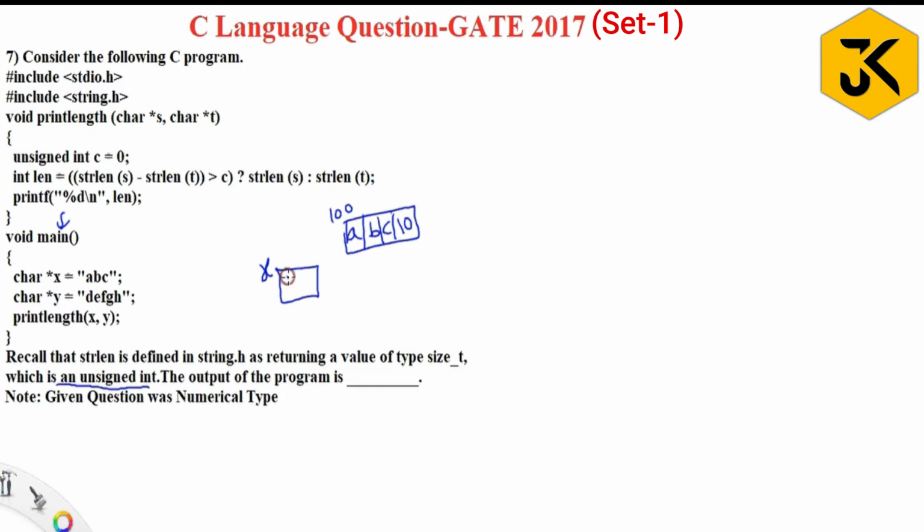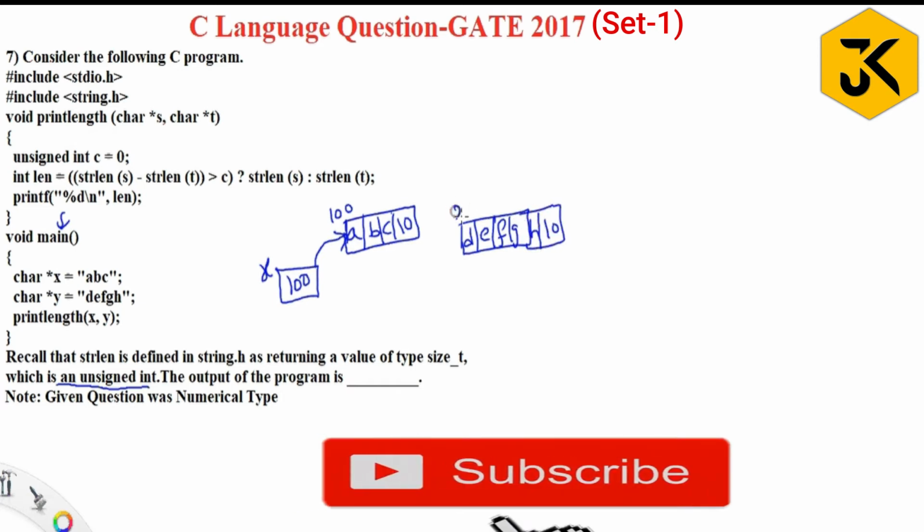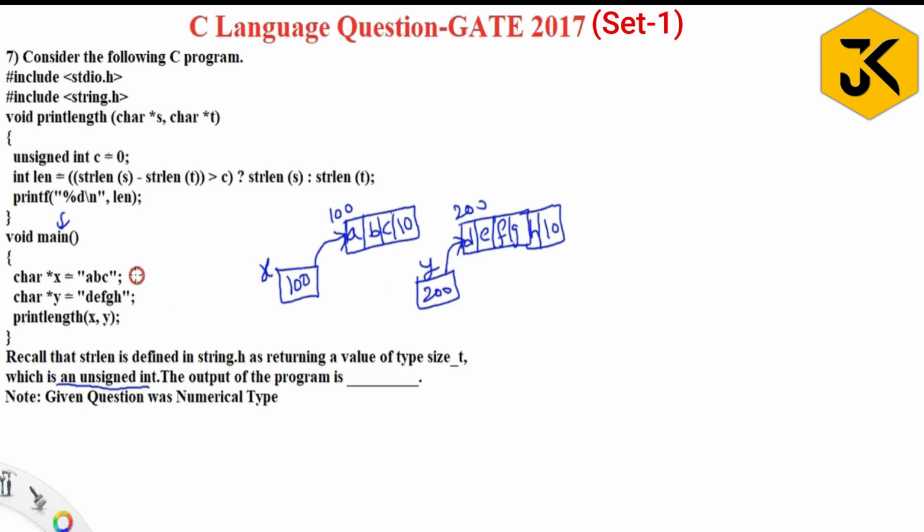That address is copied to x, meaning it points like this. Next they have defined another character pointer y, a string constant d e f g h null. Let us take its address as 200, which is pointed to by y. These are the two statements completed.